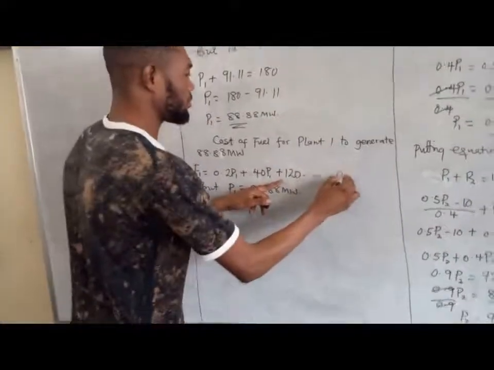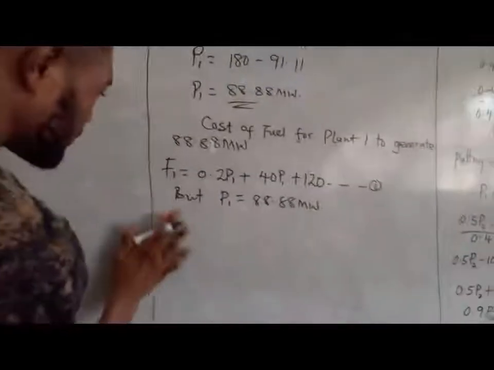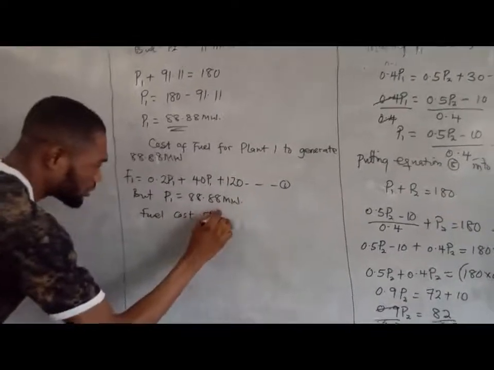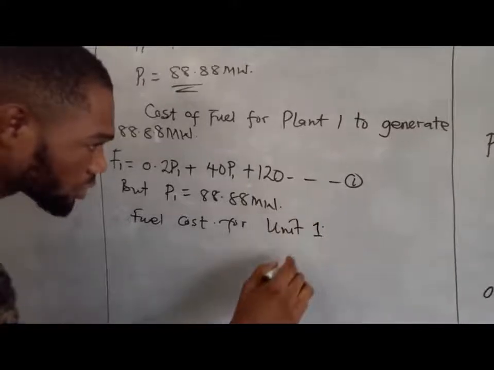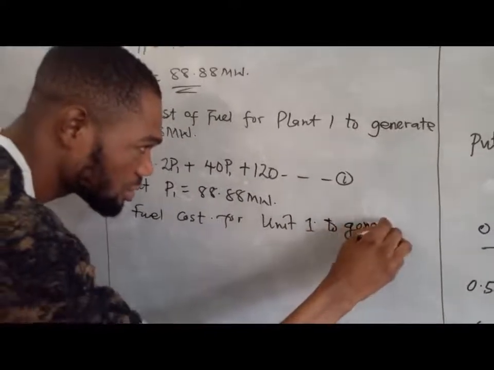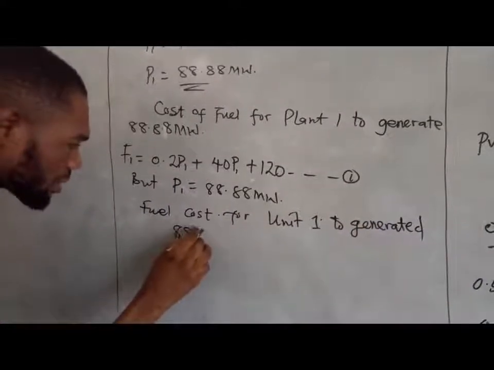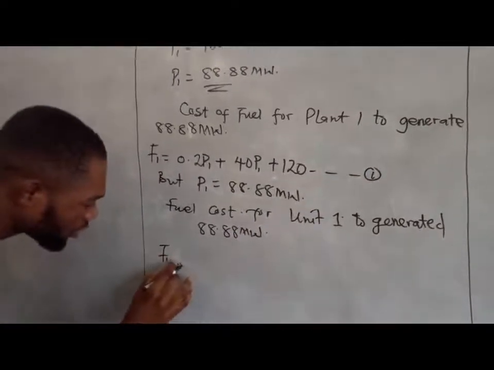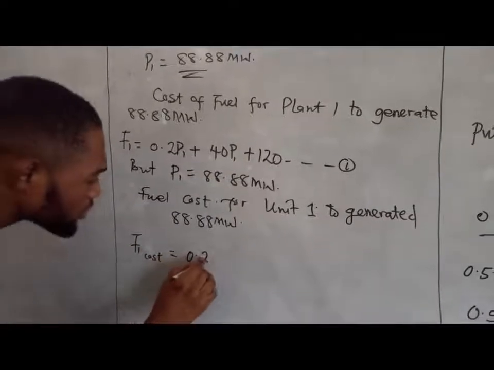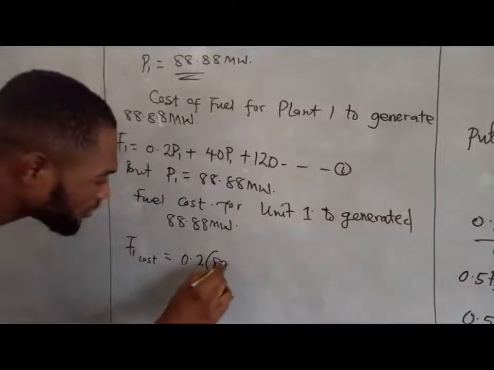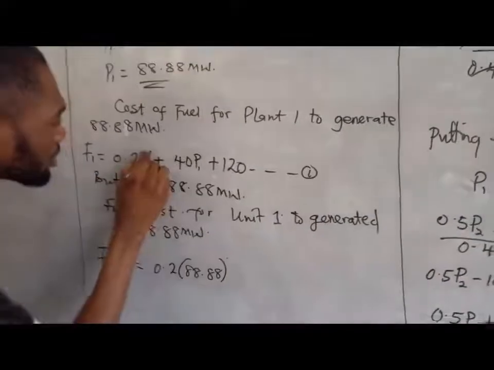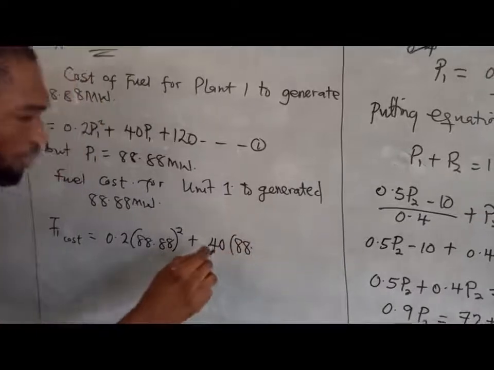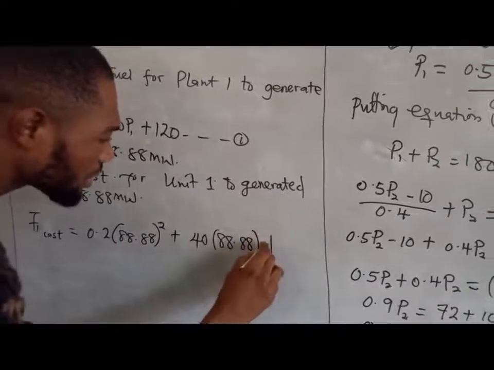we say that F1, the fuel cost for unit 1 to generate 88.8 megawatts, equals 0.2 bracket, wherever we see P1, we put the amount of power there, squared, plus 40 bracket 88.88, plus 120.